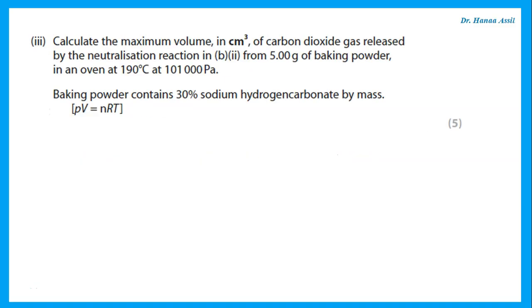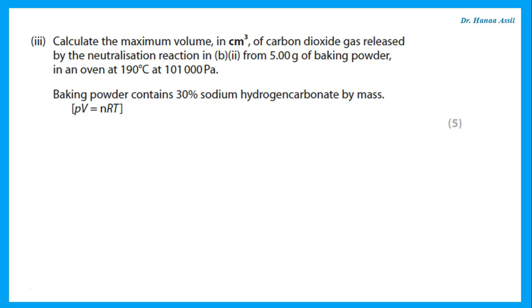Calculate the maximum volume in cm³ of carbon dioxide gas released by the neutralization reaction from 5 grams of baking powder in an oven at 190 degrees Celsius and 101,000 Pascal. And we're told that the baking powder contains 30% of sodium hydrogen carbonate. So we need to get the volume of carbon dioxide formed.